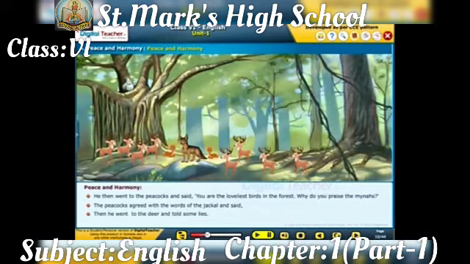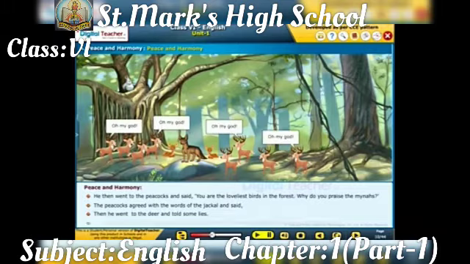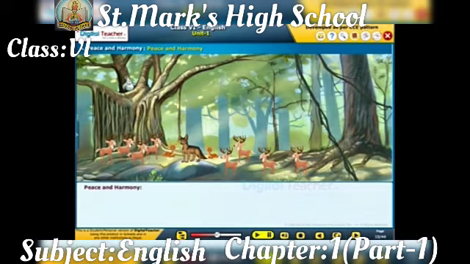Then he went to the deer and told some lies. "The tiger is waiting for a chance to kill you all." "Oh my God!" The deer got frightened listening to the jackal's words and were wondering how to escape from the tiger.